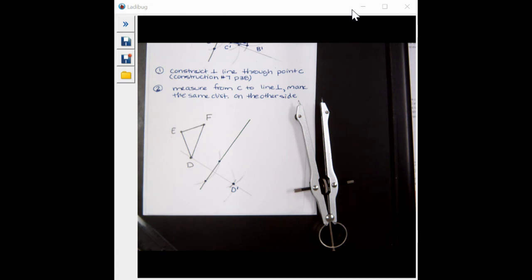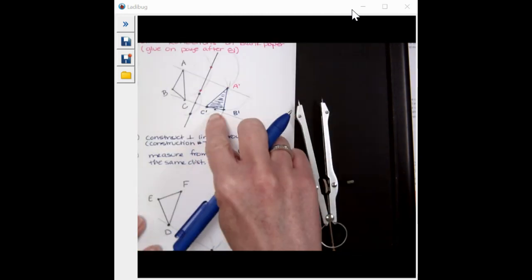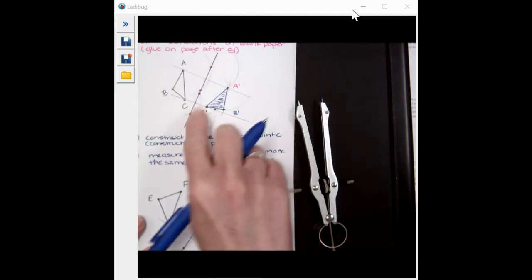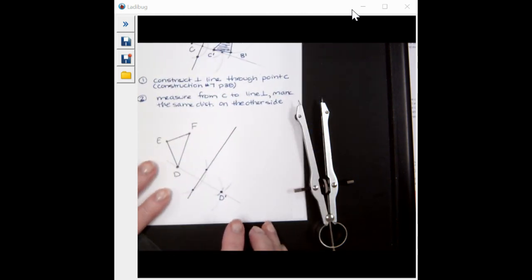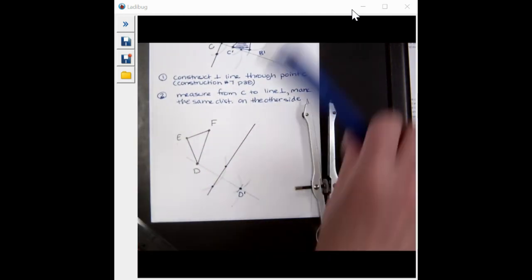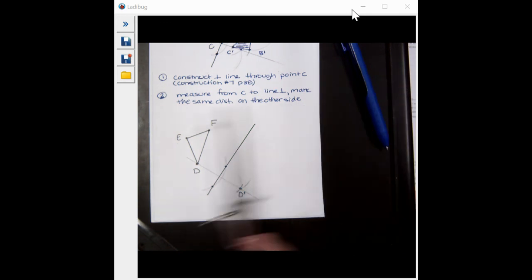You should always be double checking your measurements, but that's a nice way to be a little quicker and have less arcs to worry about. This is correct, but I just find this method of not changing your compass to be kind of a nice way to do it.